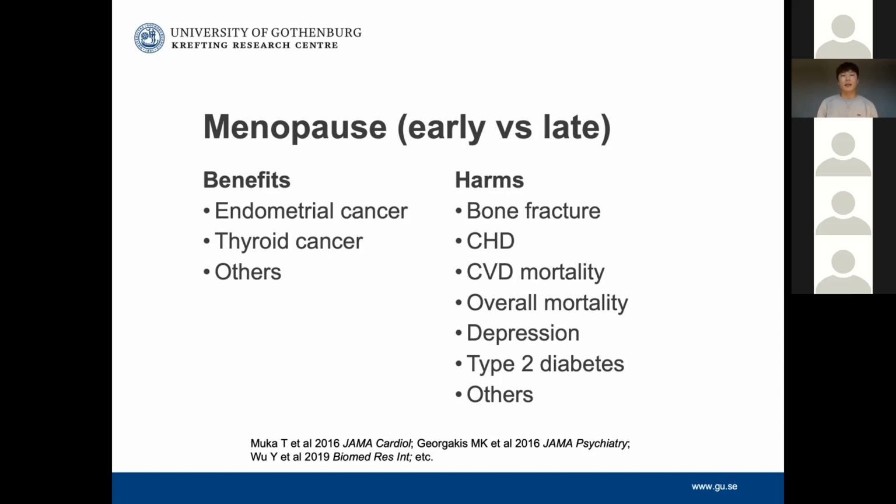So many studies investigated the effects of menopause. They found that compared to late menopause, early menopause was associated with a few benefits, but also a lot of harms, such as increased bone fracture risk, coronary heart disease, mortality, depression, and type 2 diabetes. These menopausal symptoms and health risks are thought to be mainly due to the fluctuation or reduction of sex hormones during the menopausal transition.